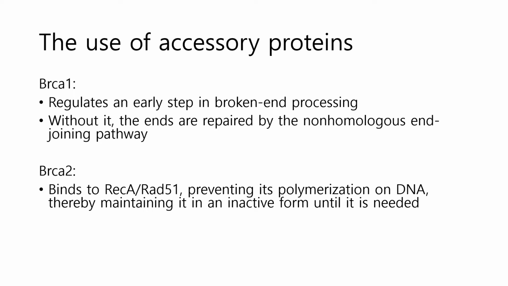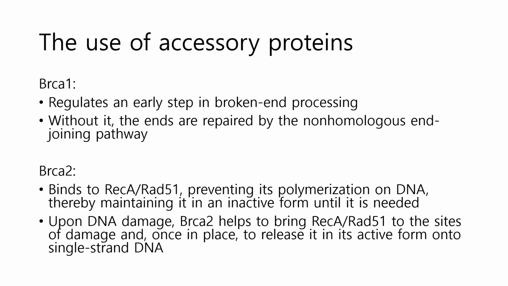BRCA2 binds to RecA or RAD51, preventing its polymerization on DNA, thereby maintaining it in an inactive form until it is needed. Upon DNA damage, BRCA2 helps to bring RecA or RAD51 to the sites of damage and, once in place, to release it in its active form onto single-strand DNA.